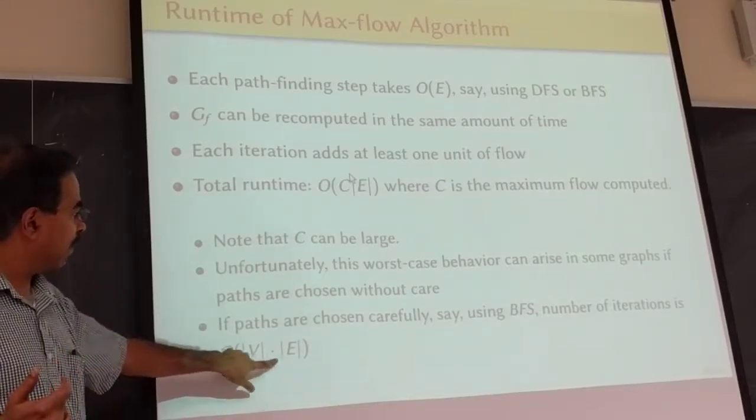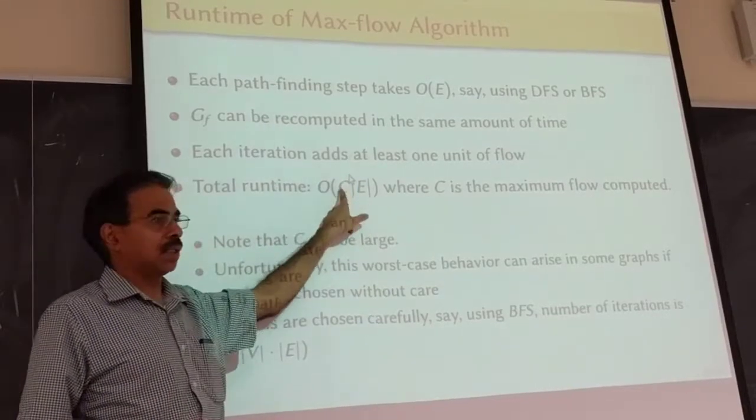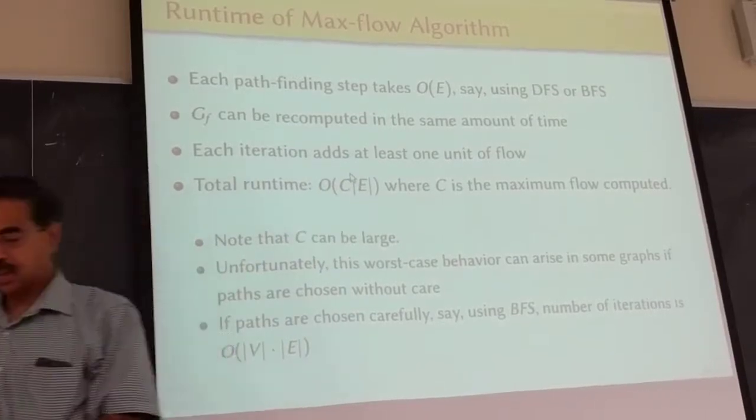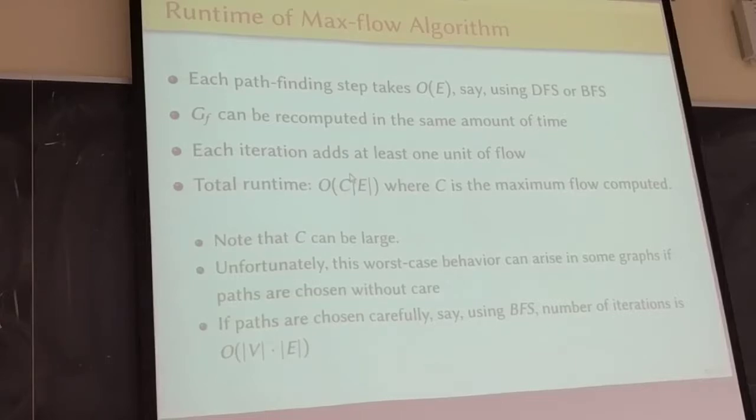So you will have an algorithm that is V times E rather than something proportional to the total flow that you're going to push through. So this is a relatively efficient polynomial time algorithm for max flow.